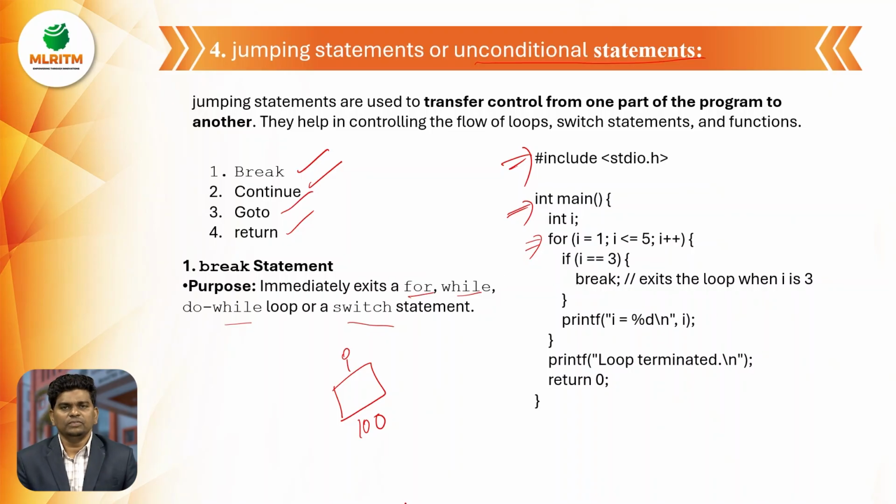You know that a for loop has 3 parts and execution begins from the initialization part. What is the initialization? I is equal to 1. So in memory I value 1 is stored. Then the for loop executes the conditional part, I less than or equal to 5. What is I value? 1. So 1 less than or equal to 5, yes, the condition is true, so it enters the body.